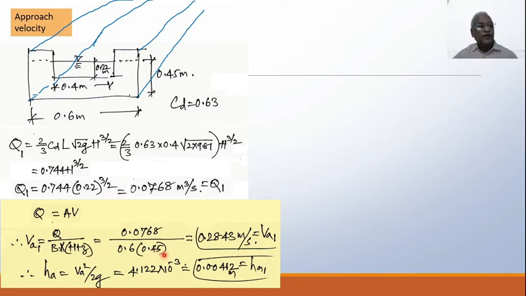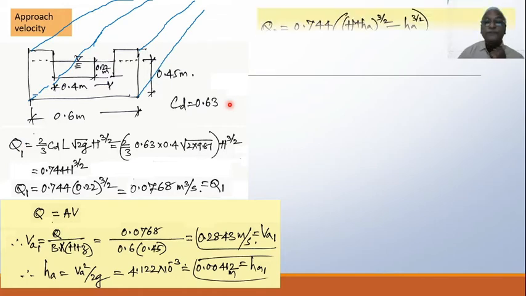Now if you solve, you get velocity as 0.2843 meter per second. So velocity head is given by v squared by 2g. Calculating, you get 0.00412 meters, that is 4.122 into 10 raised to minus 3. This we have to include for a revised value of discharge.